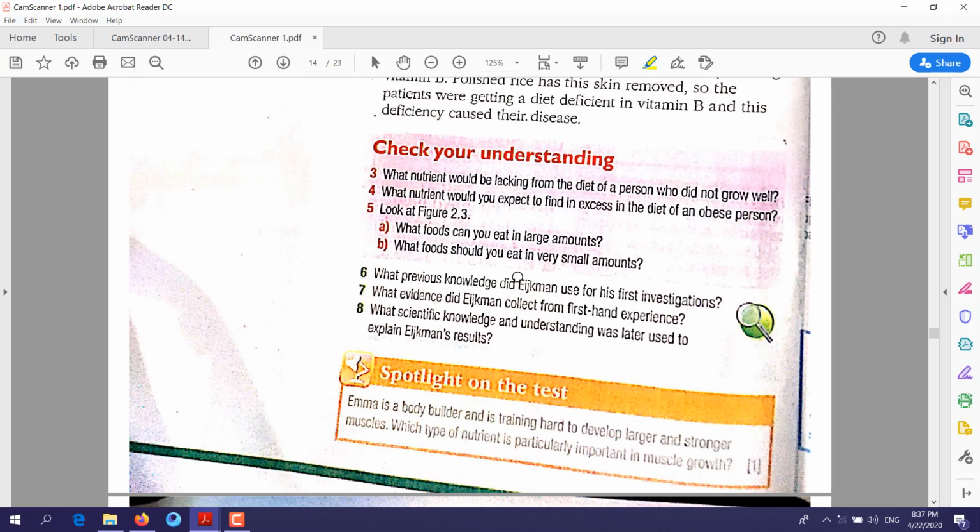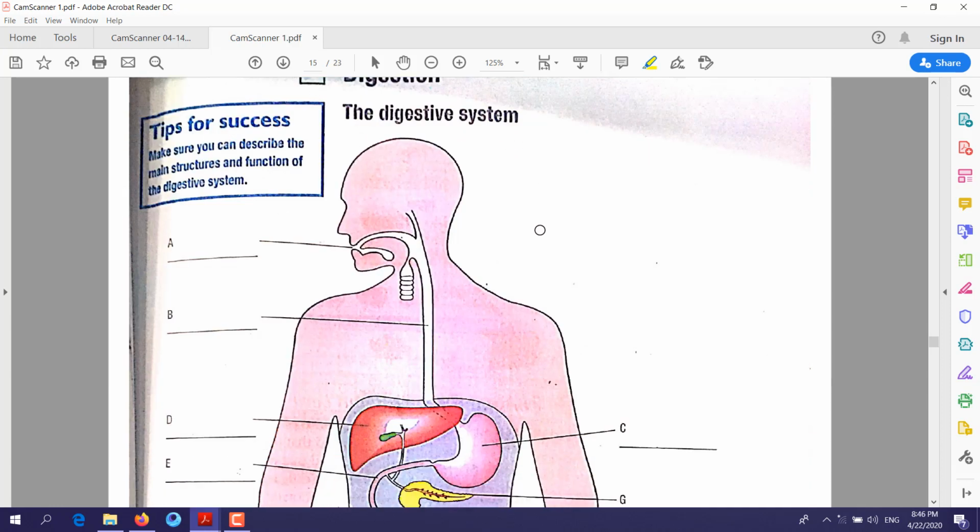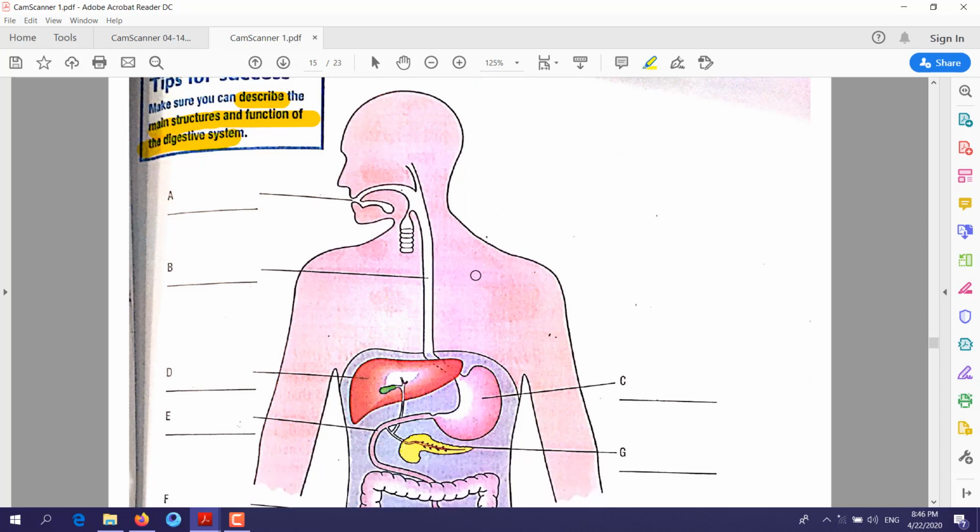Again, check your understanding. This is your task. Digestion, the digestive system. Tips for success: make sure you can describe the main structures and functions of the digestive system.